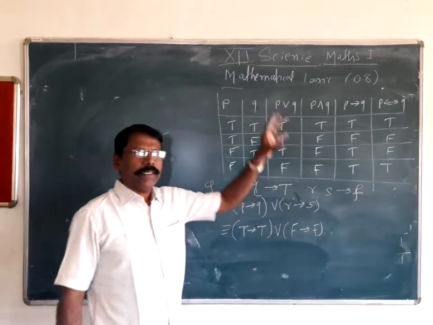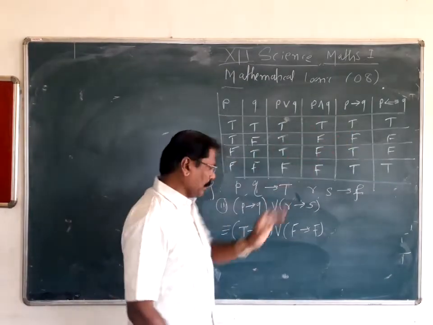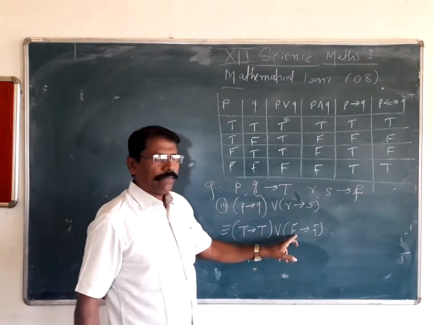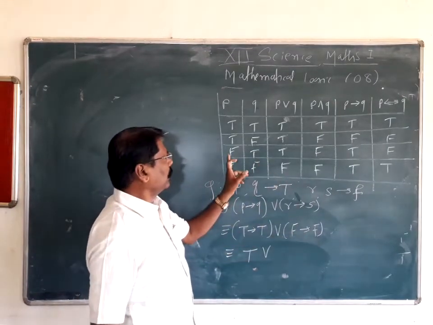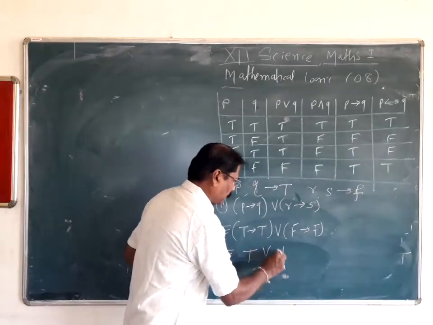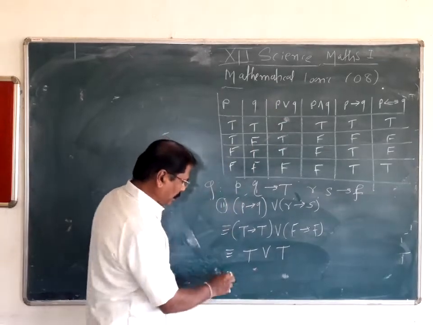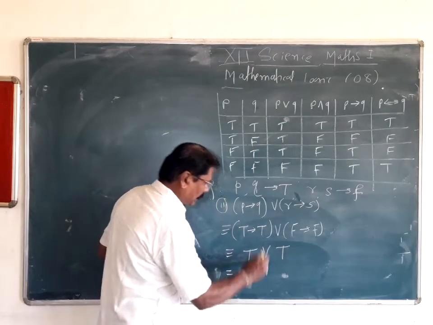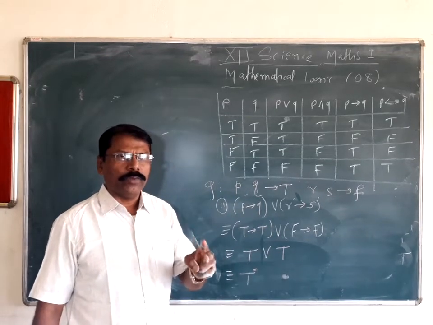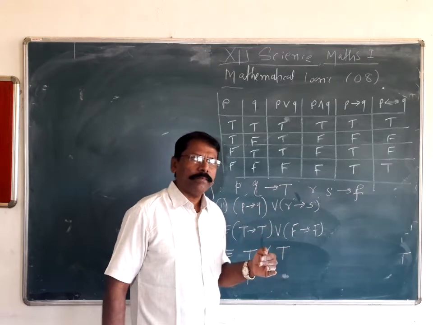If you use this key, T implies T is T, or F implies F; F implies F is T. And coming back to the OR, T or T is T. This type of question will be asked for 2 marks, even for MHT-CET as well as the board exam.